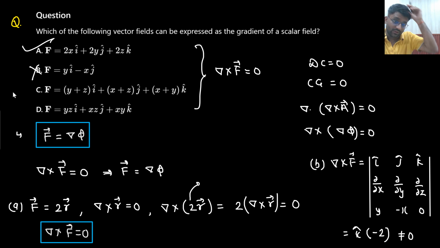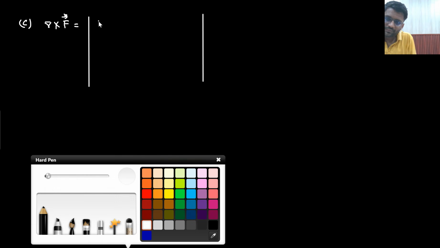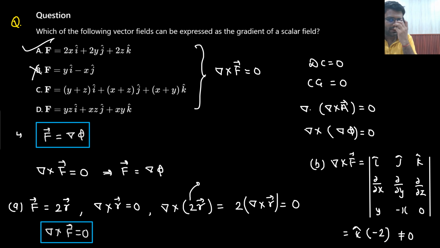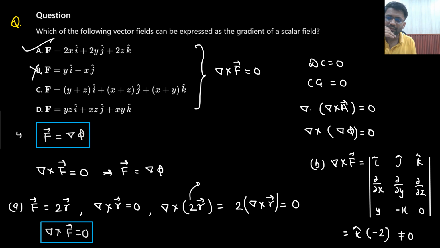This option is wrong. For option C, the second last, del cross f: i cap, j cap, k cap, del by del x, del by del y, del by del z, with y plus z, x plus z, x plus y.